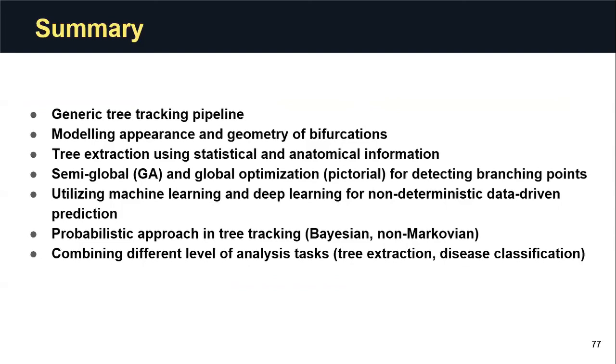We utilized machine learning and deep learning for non-deterministic data-driven prediction. And we also encoded a probabilistic searching approach by using Bayesian and Markovian formulation. And we combined different levels of analysis tasks such as tree extraction and disease classification.